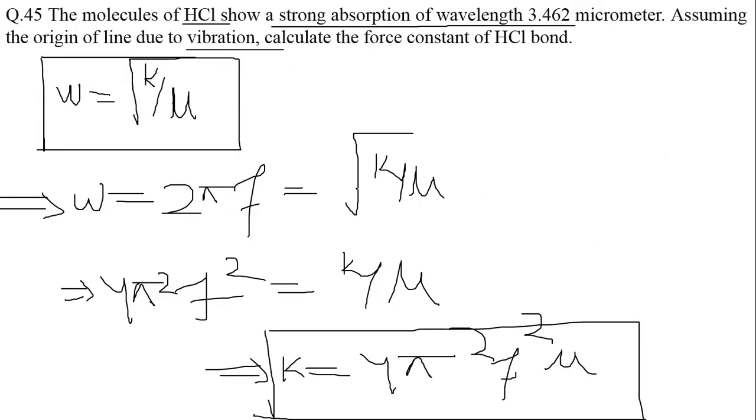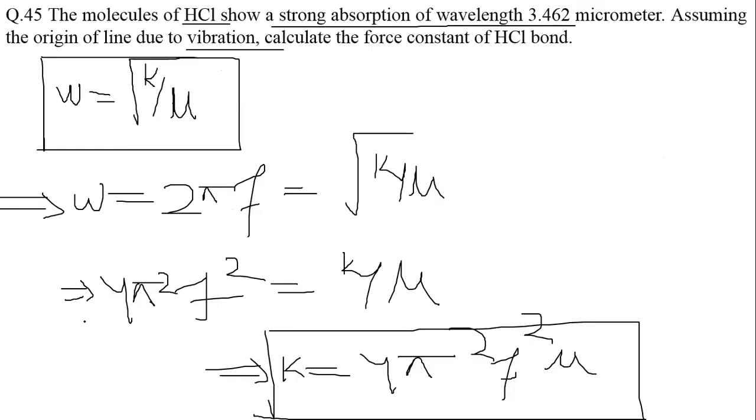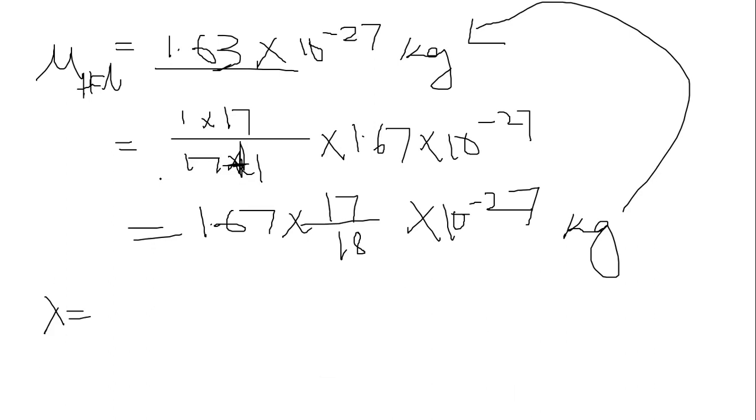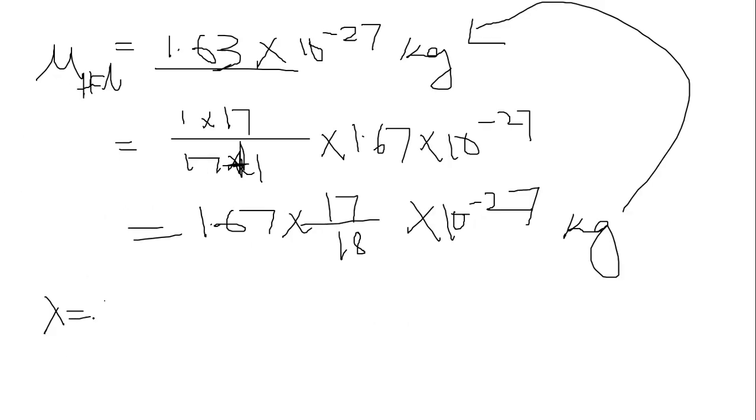Then what will be the value of k? K will be 4 pi square nu square mu. But we are given lambda, the wavelength, which is 3.462 micrometer, that is 3.462 into 10 to the power minus 6 meter.